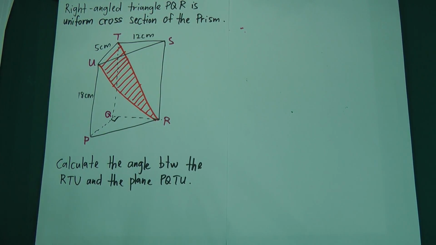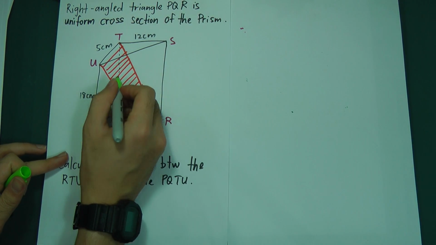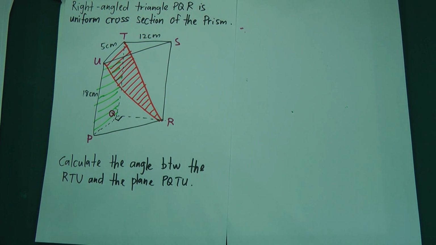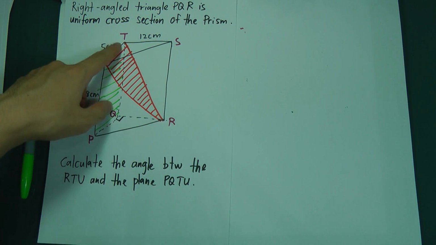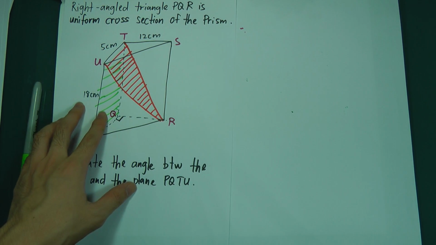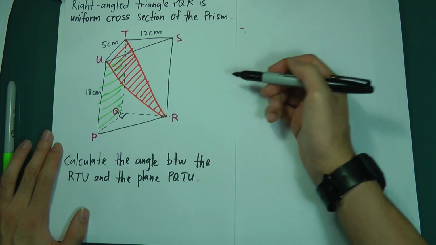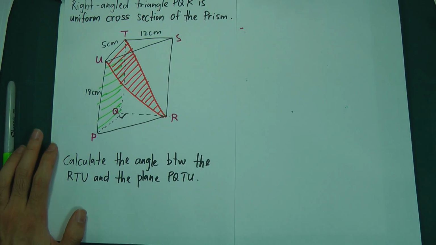So maybe I just draw this PQTU. Okay, this is the plane PQTU, the behind one. Normally when you have two planes, which is PQTU and this triangle plane, the angle is always on the side where the two planes are connected.